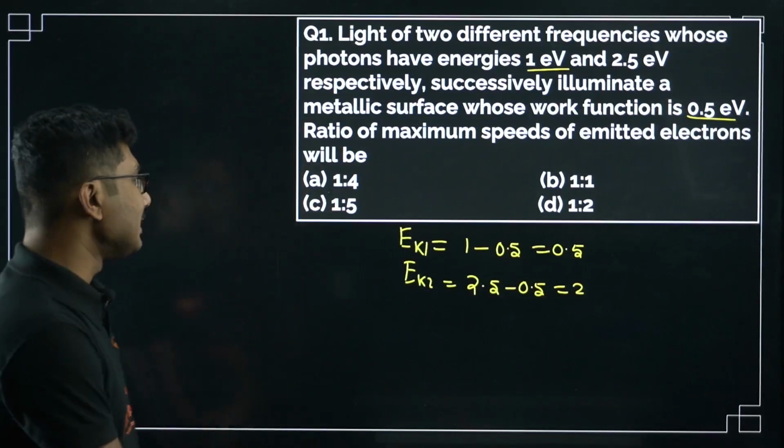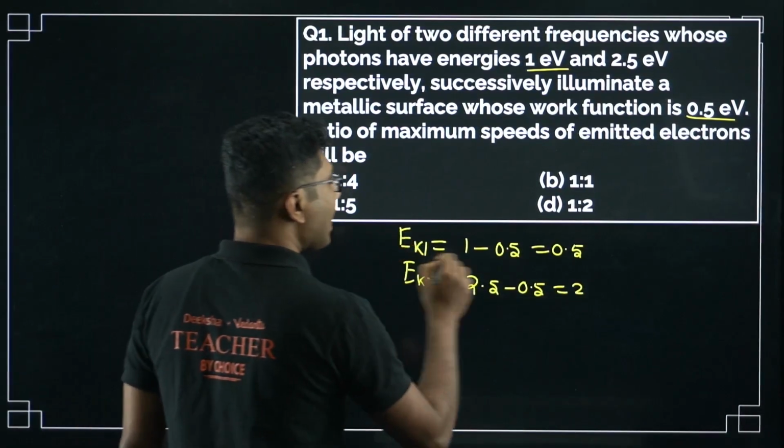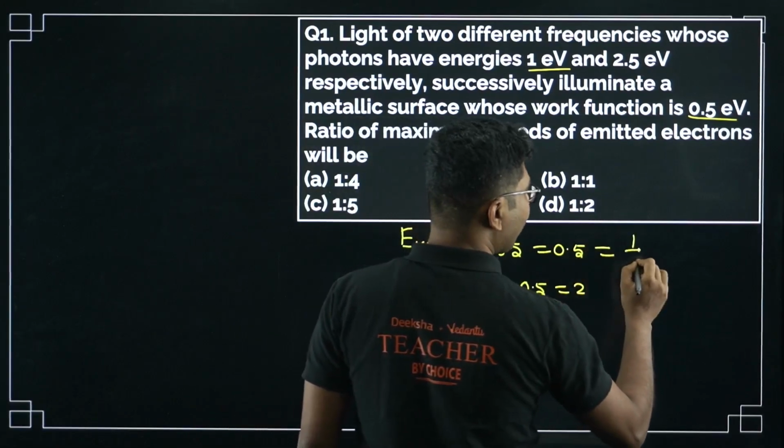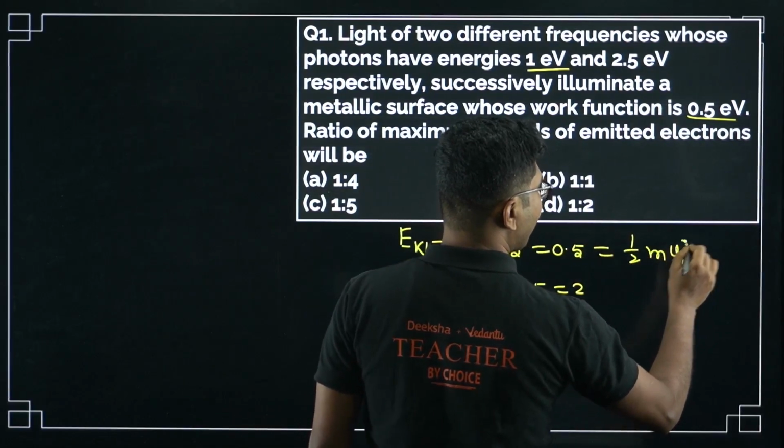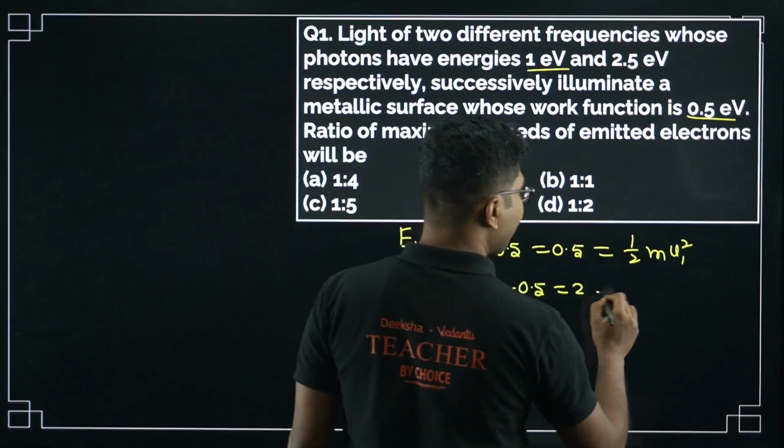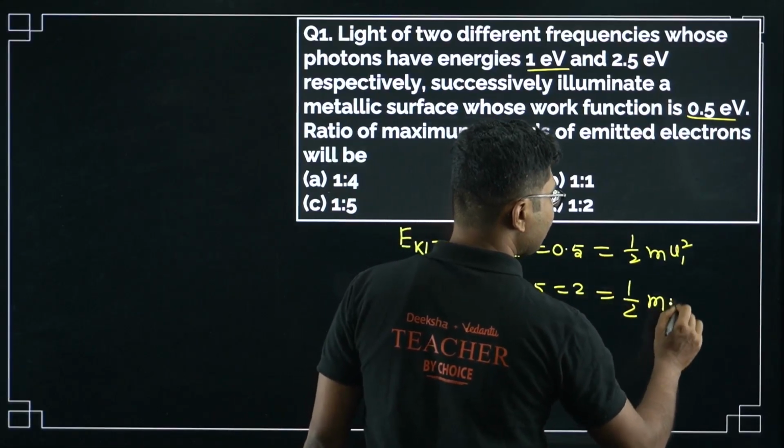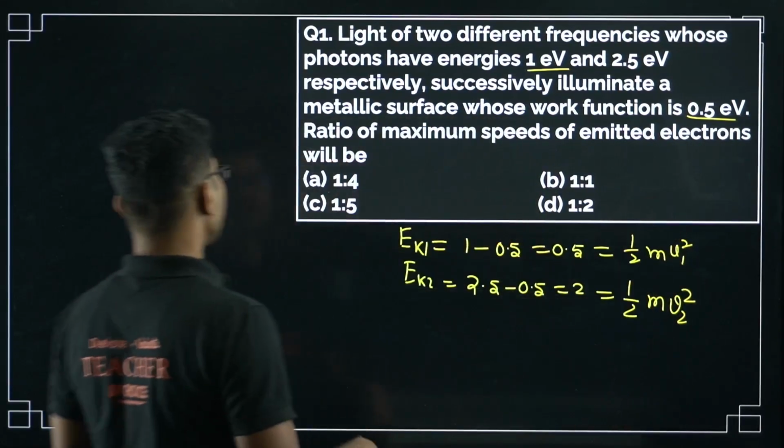This is the formula, easy. Now what is kinetic energy? EK1, kinetic energy, is half m v1 square. As easy as that. The questions are not as difficult as many students think. Now what you have to do is divide them.